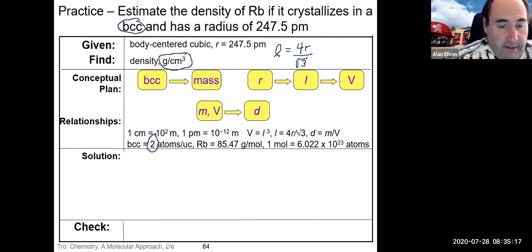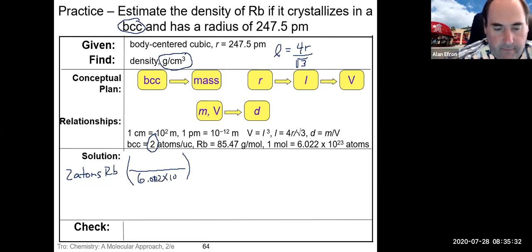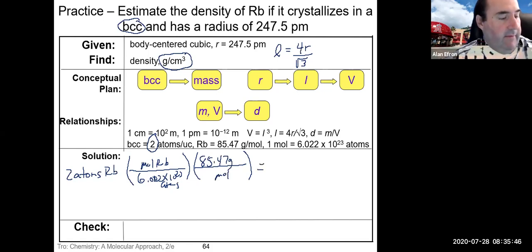So we'll start with the grams part, just like we did last time. We're going to go with it has 2 atoms. And again, using Avogadro's number here, we can go from atoms to moles. And using the periodic table, go from moles to grams. So sort of a basic calculation that we've done before.